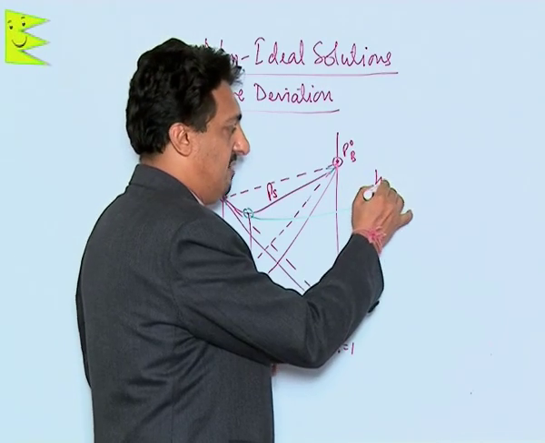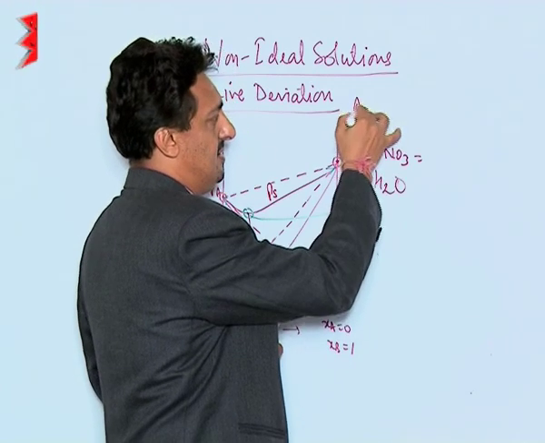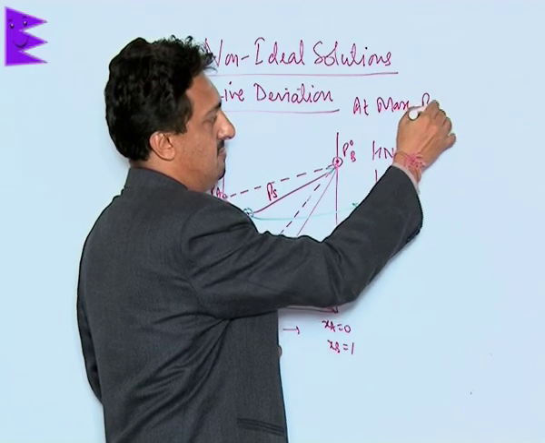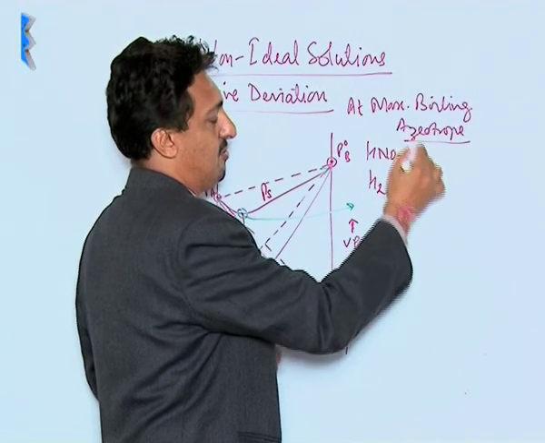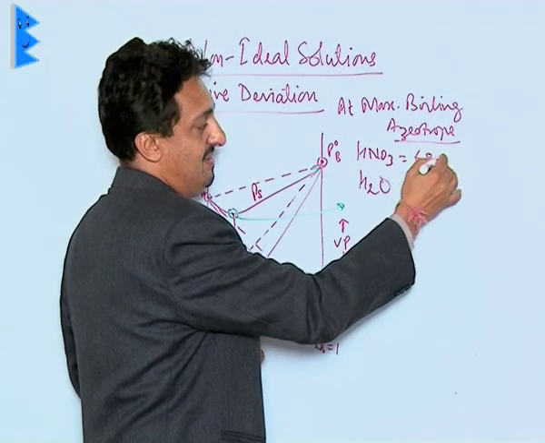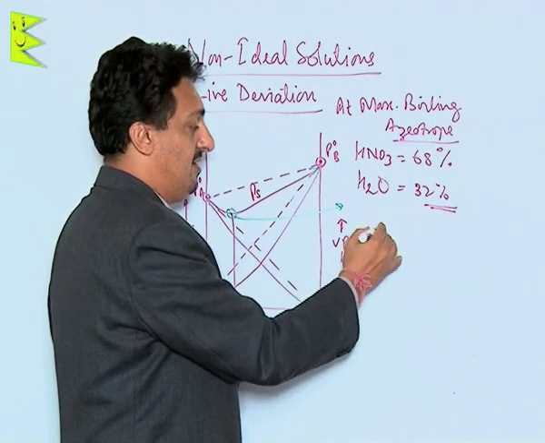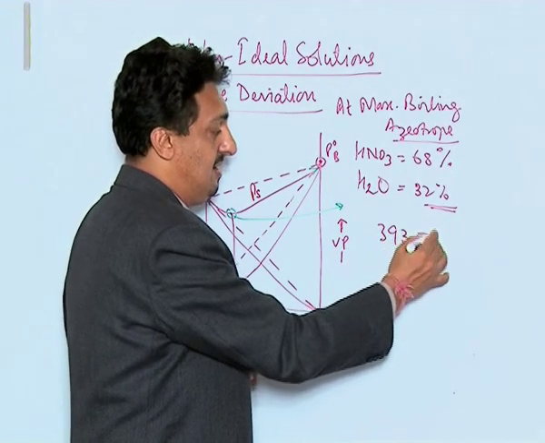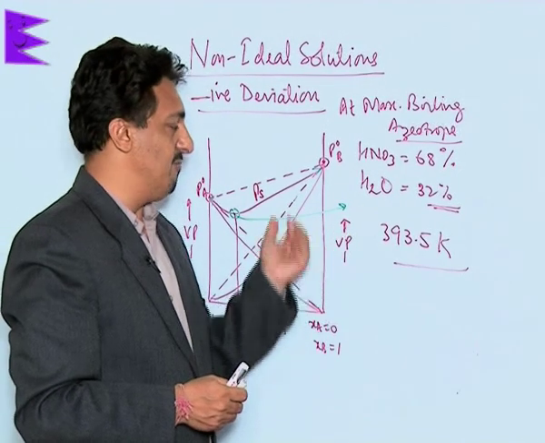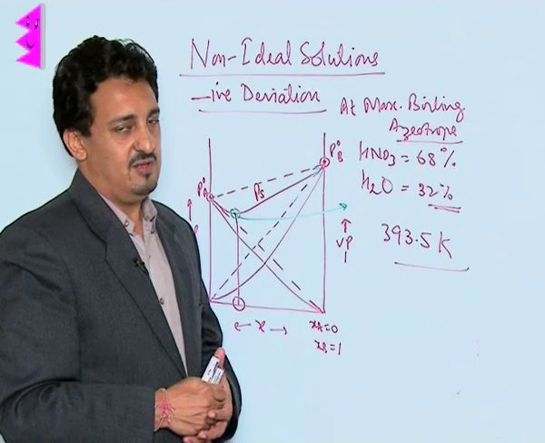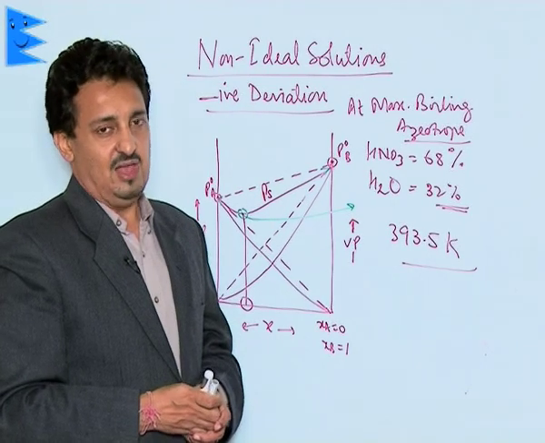Whenever water and nitric acid are mixed, at the maximum boiling azeotrope, nitric acid is found to be 68% and water is 32%, and the solution boils at 393.5 Kelvin, which is more than the boiling points of both these liquids. So these are the examples of liquid solutions which are non-ideal and are showing negative deviation.